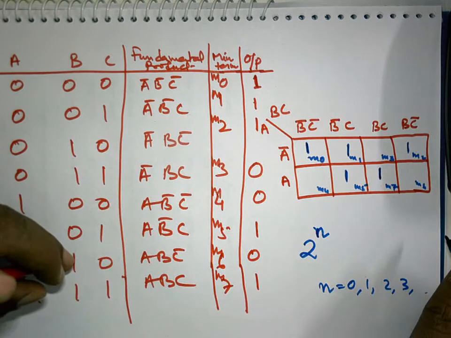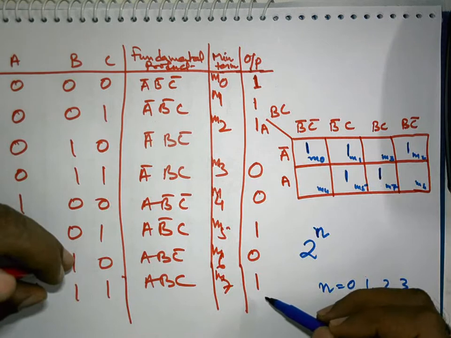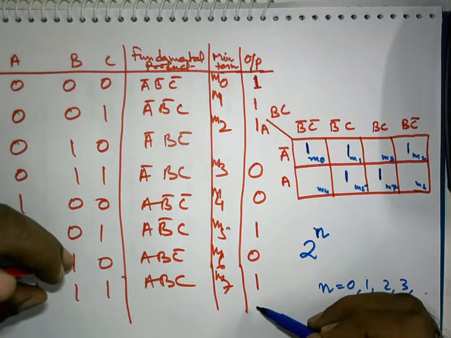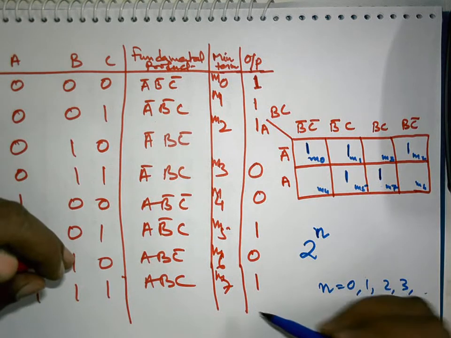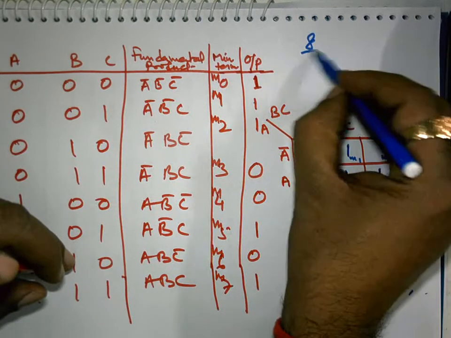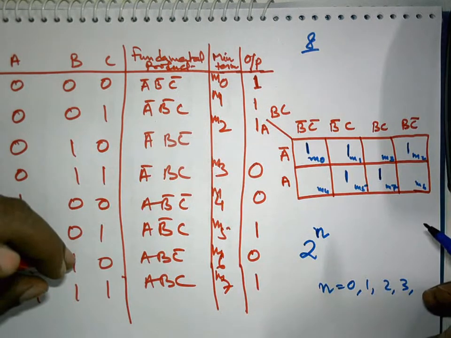If it is a 3 variable map, the maximum number of ones that can occur in a group, suppose if all outputs are 1, then all 8 will make a group. The maximum number of ones in a group of a 3 variable map is 8.